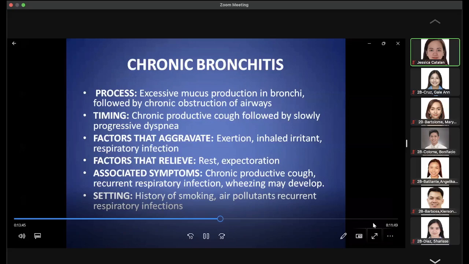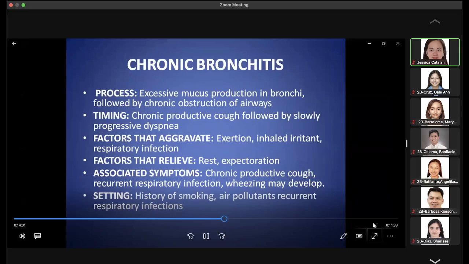The associated symptoms of dyspnea from chronic bronchitis are a chronic productive cough, of course, recurrent respiratory infection, and sometimes wheezing because of the obstruction.